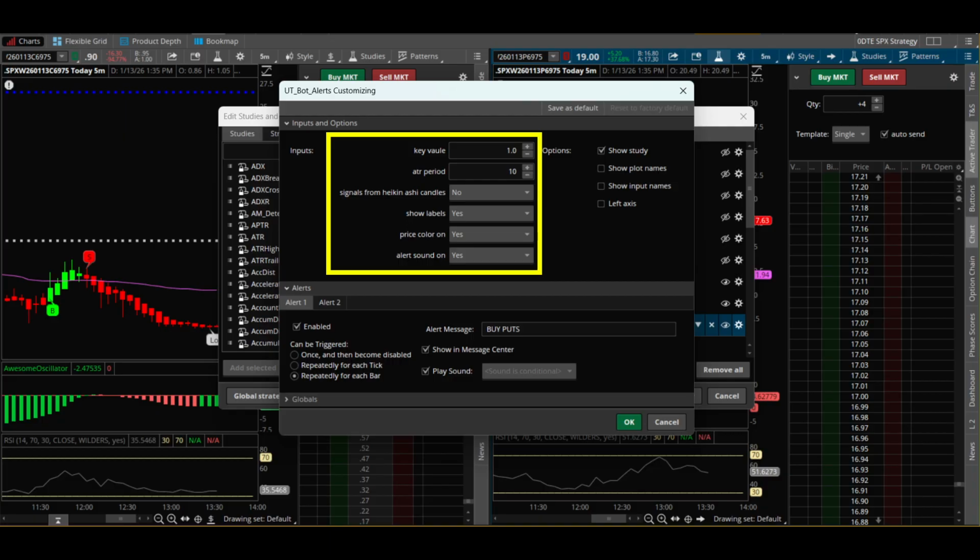The signals from Heikin-Ashi candles is no. This is because we are already using Heikin-Ashi candles in our chart. Show labels is yes. The price color is yes. And the alert sound on is yes.